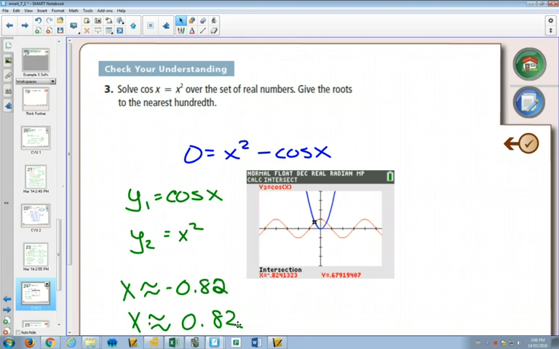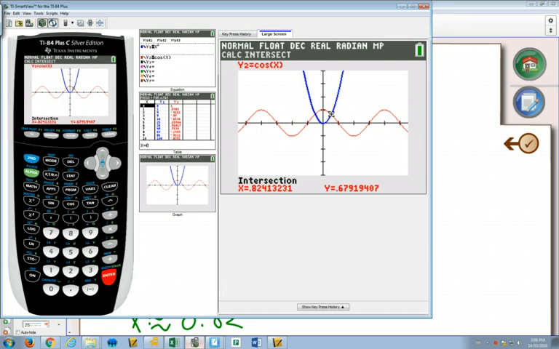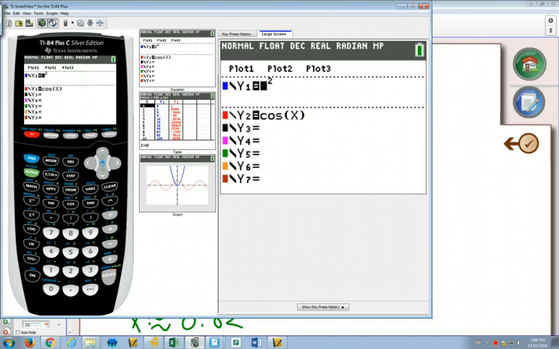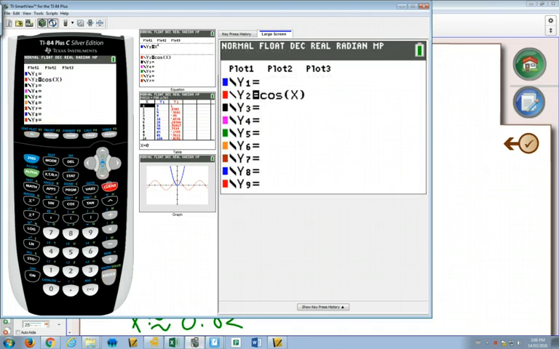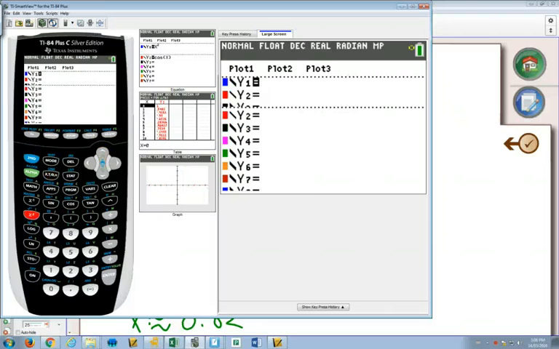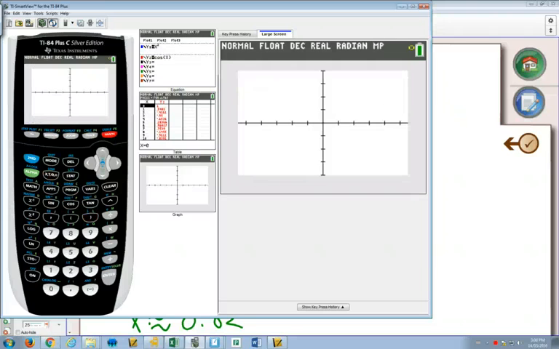So that's how we can solve a question like this, typing one equation into one, another one into the other. What would happen, I mean, here at the start I made it equal to 0, and I got x squared minus cos x. My question is, if I had typed that in, clear, clear, and I typed in x squared minus cos x, could I still get the answer?